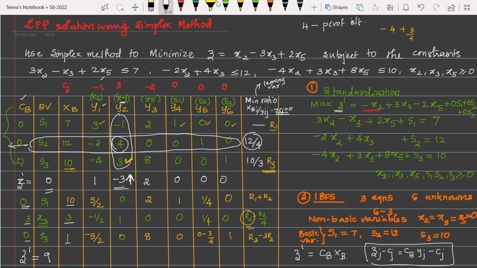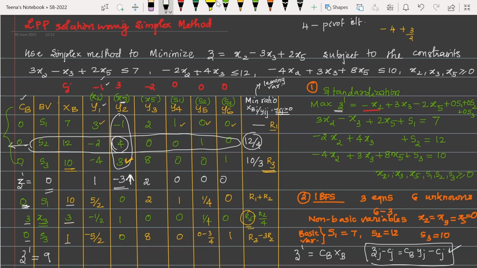Now we have to calculate the net evaluation. In order to calculate the net evaluation, we have to apply the formula CB Yj minus Cj. So this is CB, the first column is CB. Then Yj is the column for which we are going to compute the net evaluation, minus Cj. Cj is the cost written on the top.